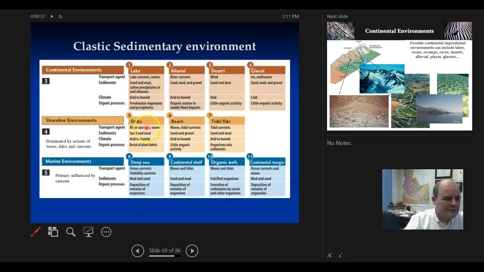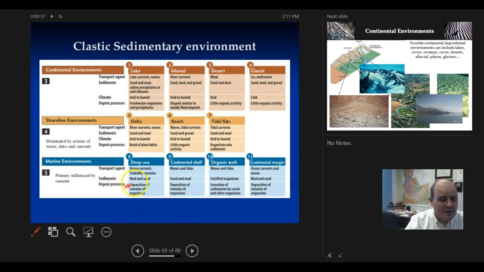You have shoreline deposits like rivers, like a delta, where the rivers go into the ocean, bringing all the sediment with it. Beach deposits, which are the interaction between the coastline and the ocean itself. Tidal flats, where the tide goes up and down, leaving behind deposits.